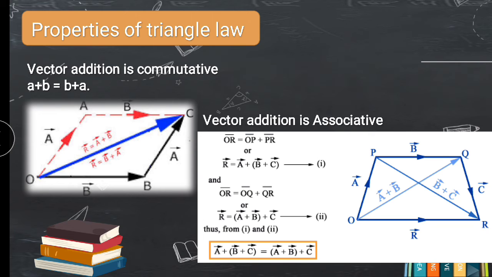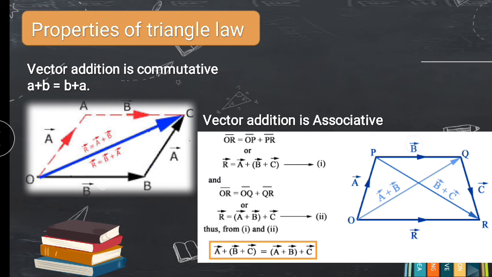Right? Now in the case of the triangle OPQ, what is the resultant of this triangle? OQ. So how do we write the value of OQ with the help of the triangle law? That is A plus B. Similarly, we can find the resultant of the triangle PQR.